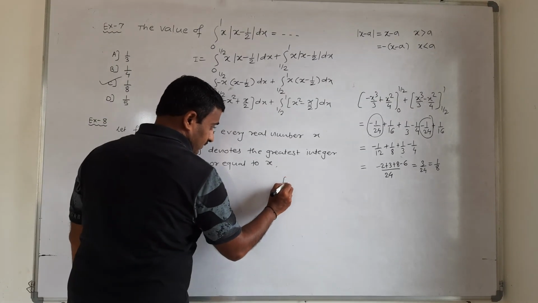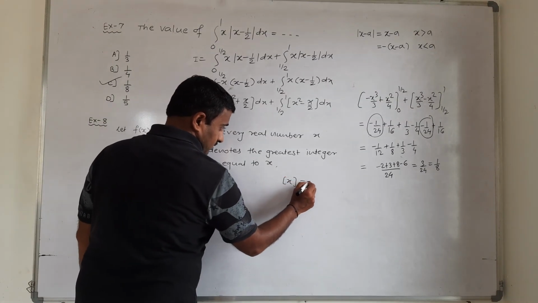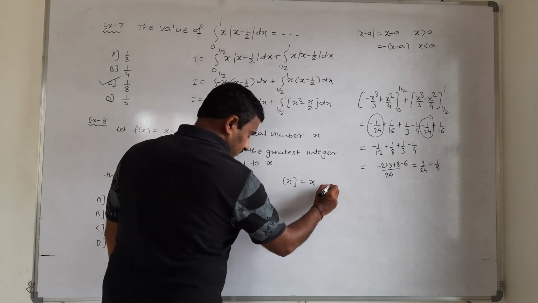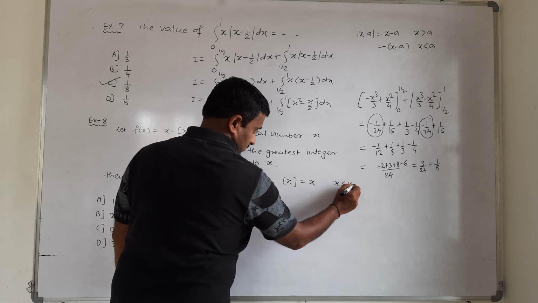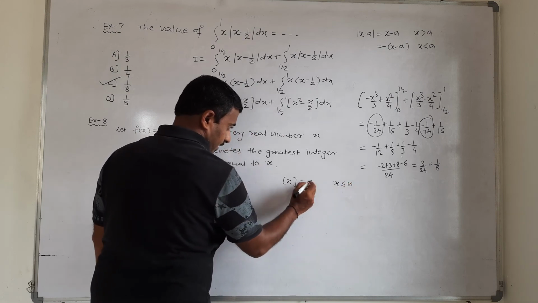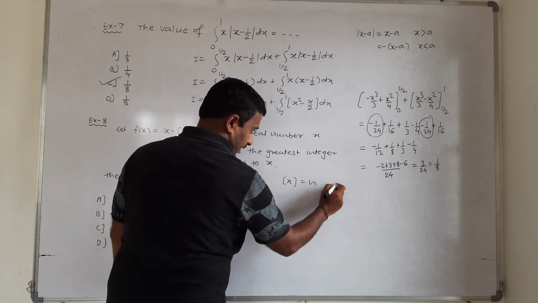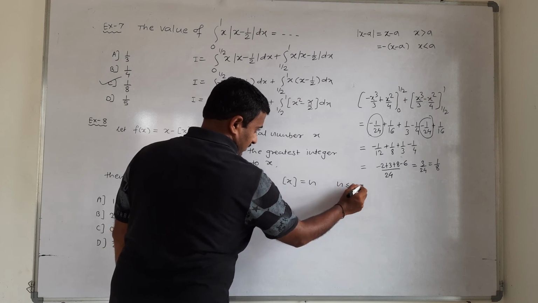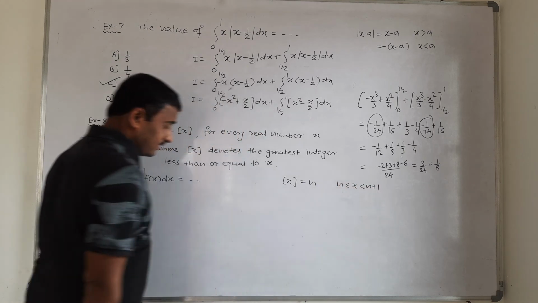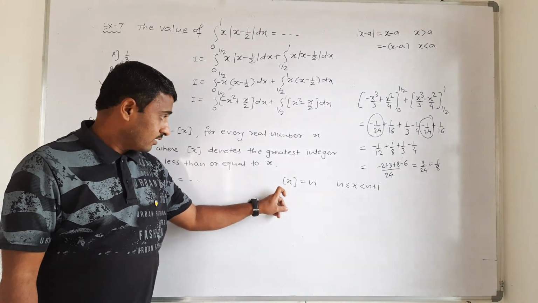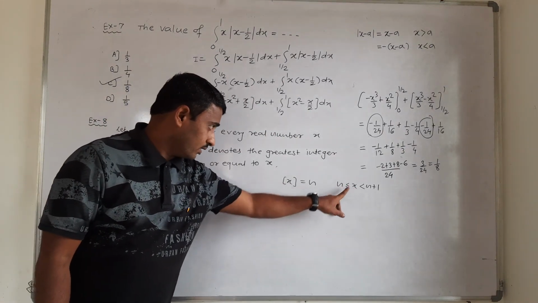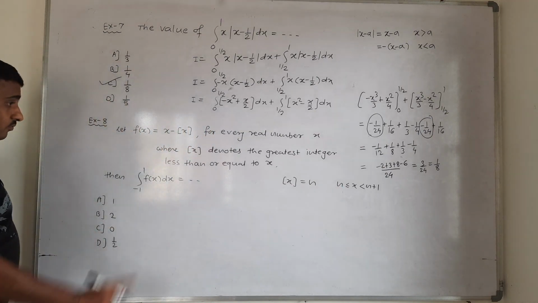I write this as a, its value is always x when x is less than or equal to n. Its value is n when n is less than or equal to x less than n plus 1. Greatest integer not greater than this, याच्यापेक्षा मोठा नाही, that is n. Then its value is n.